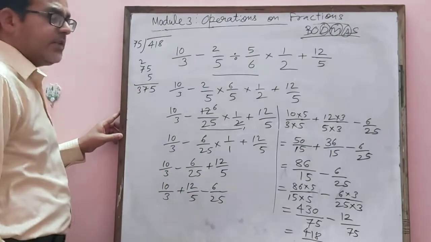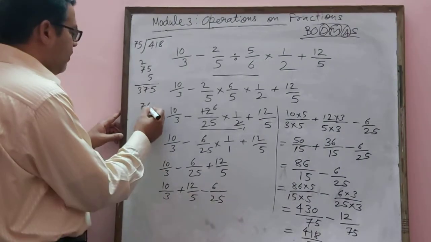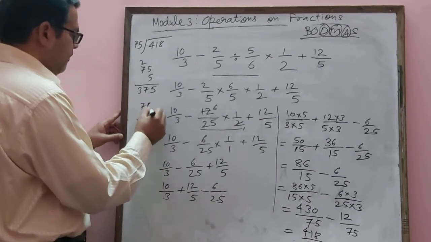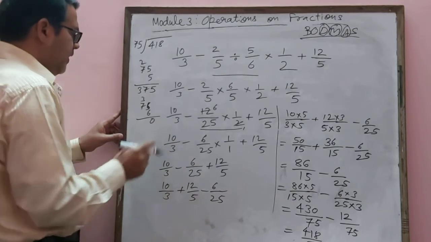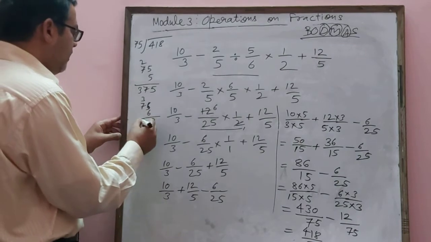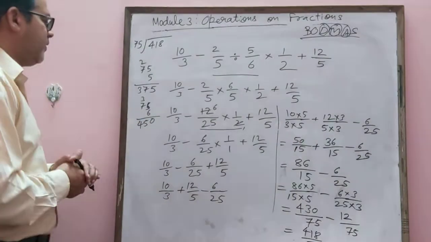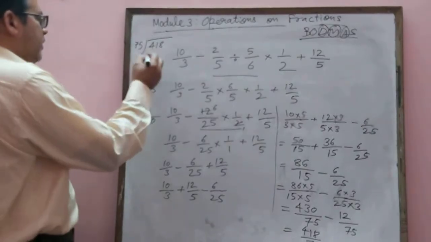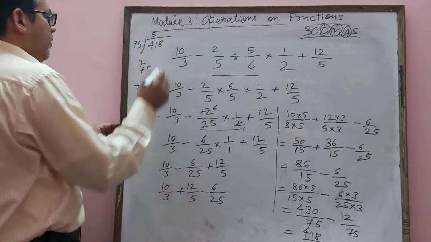It is 375. Now let's check for 6 times. 6 5s are 30, 3 is there. 6 7s are 42 and 3 is 45. It's very big. So 5 times it will go.